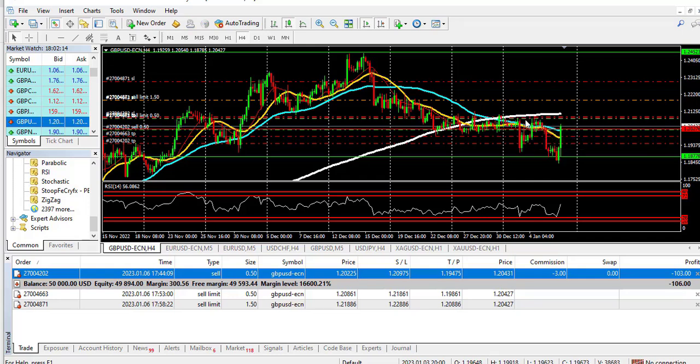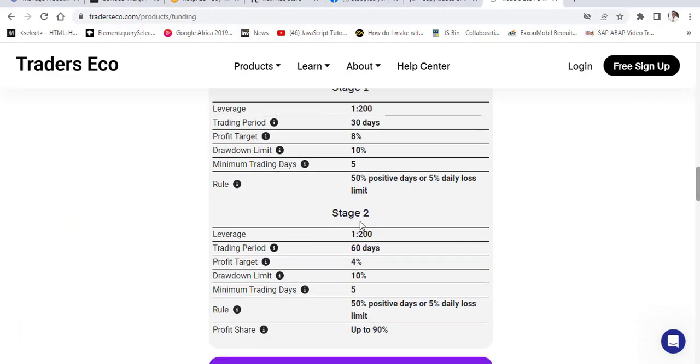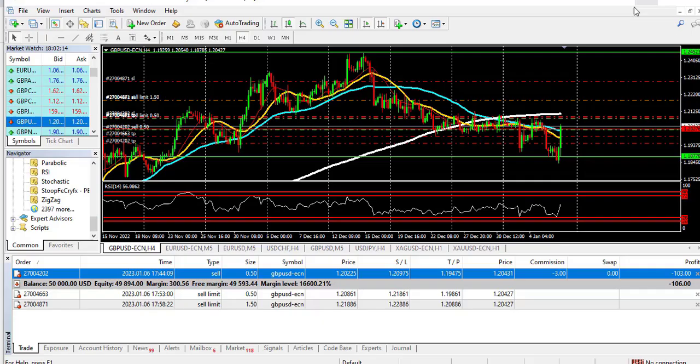Together in total, that would give me $2,250, which is still below the 5% daily drawdown. So what that means is that, peradventure, if all the trades get closed out, I would still be within the rules, rather than blowing my account out.